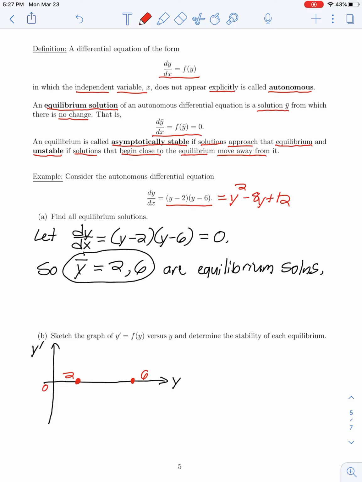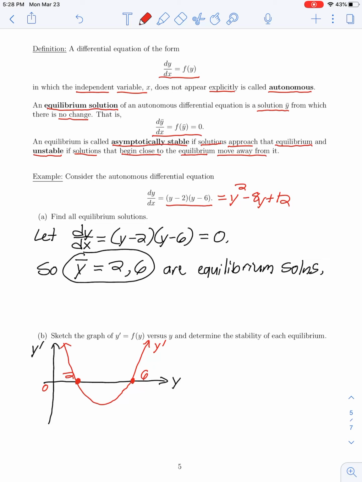And in this case, since we have a positive y squared coefficient, it's an upward opening parabola. So the graph of y prime, I don't know exactly what it looks like, but it is a parabola that opens upward and has to pass through the points 2 and 6, because we found those values to be equilibrium values.